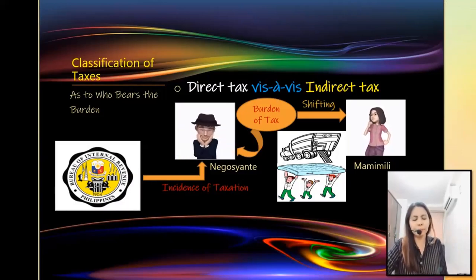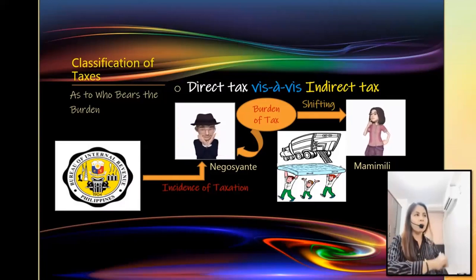Another point. Ma'am, you said in the previous lecture that in the Philippines, we do not have regressive tax rates. But if you look at commentaries, indirect taxes, business taxes, excise tax on tobacco, cigars, or liquors, are somewhat regressive.